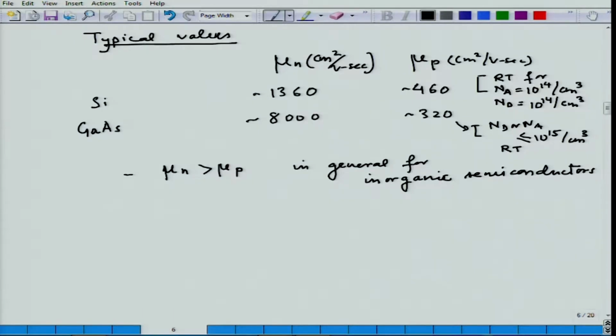The other thing that you notice here is that when we are talking about mobility of carriers in a semiconductor, we are always reporting it at a given condition, at what temperature or at what dopant concentration, which means this is a property which not only depends on what the semiconductor is, it also depends on temperature and doping concentration in the material.